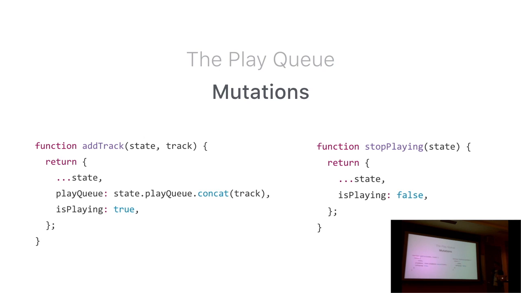The mutations that you can perform on the array are simple operations that are not even complicated, like concatenating the array, changing a boolean. These are simple.